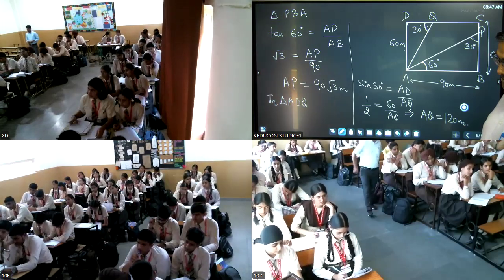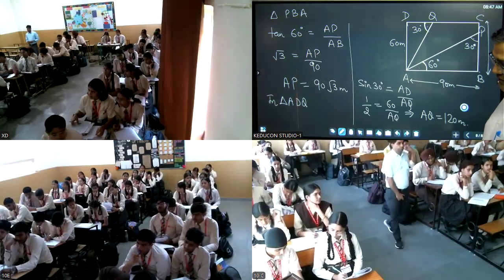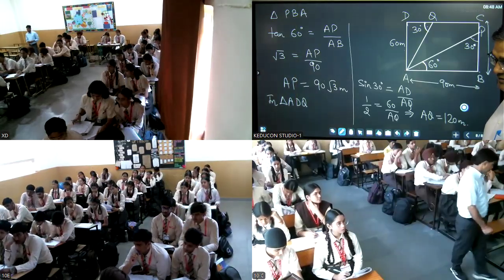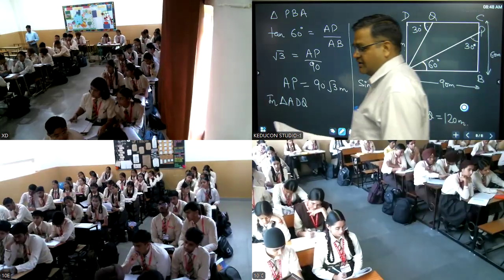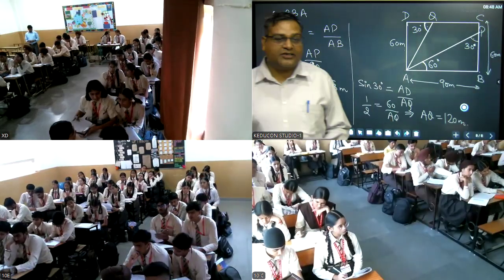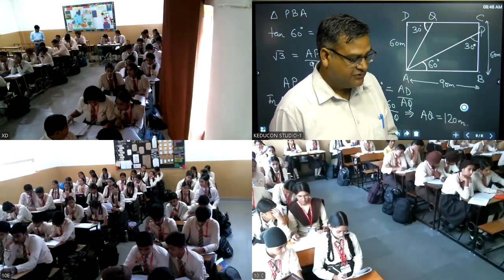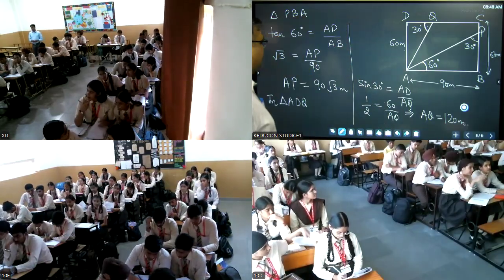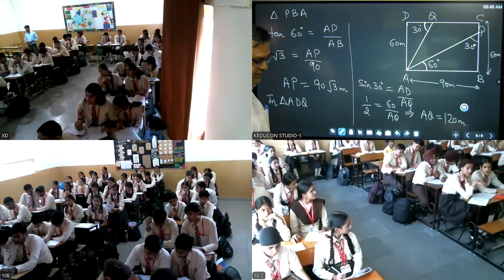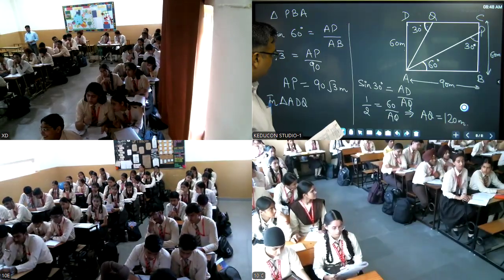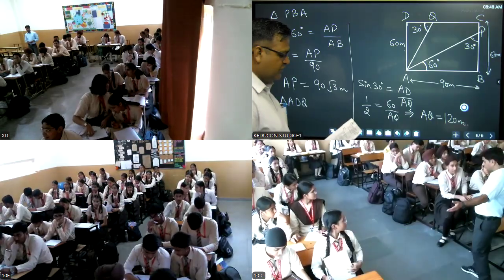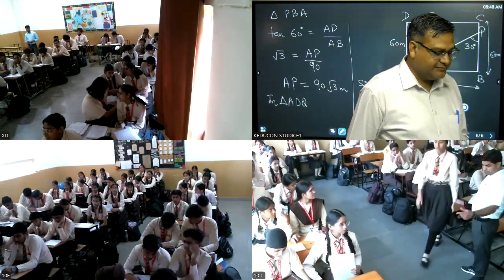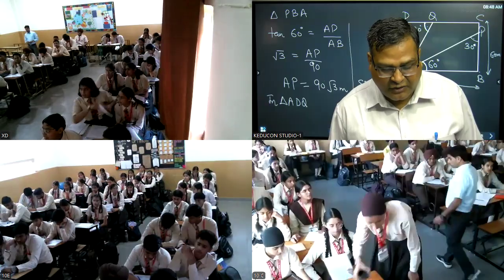Then yes, students, these options are not correct. Something is wrong in the options, right? Is this clear, बच्चों? Because if you add 120 plus 90 root 3, इनमें से कोई भी ऑप्शन आपके पास नहीं आ रही है. आ रही है जी कोई? None of the options you are getting.